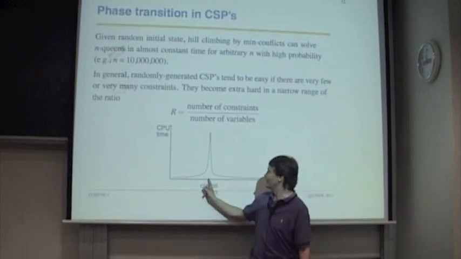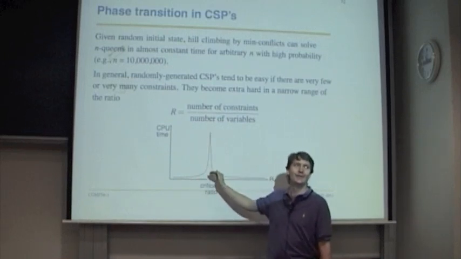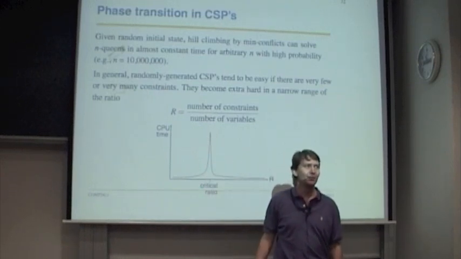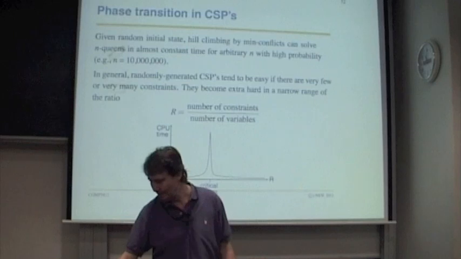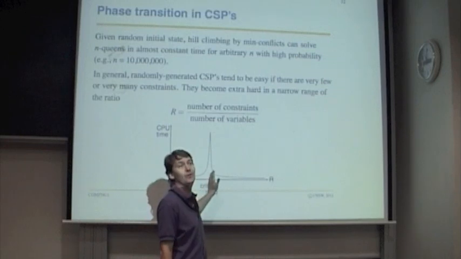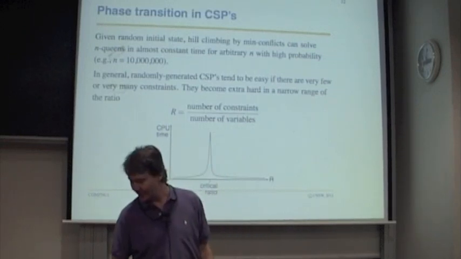And usually there's some critical ratio in the middle where the problem becomes very hard. There's just enough constraints to make the thing really, really difficult. And this is a general principle that you see in almost all CSPs, and whatever method you use to solve them, whether you're trying to use local search or backtracking search, you still see the same phenomenon.